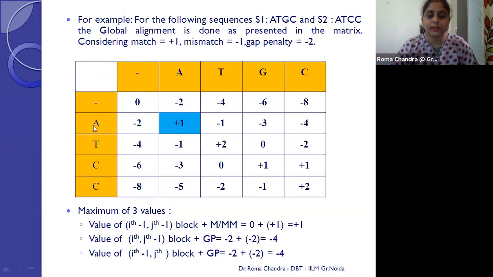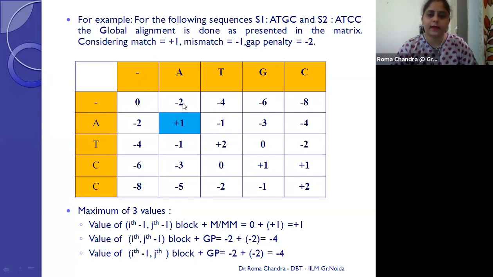In case of Needleman-Wunsch, the example I have given here is the example of Needleman-Wunsch. You can see here I have kept the value 0. The 0 is kept here because there is no sequence here. There is no nucleotide here. There is no nucleotide here. So the value here is just a 0.